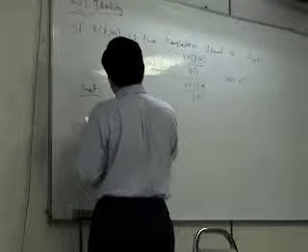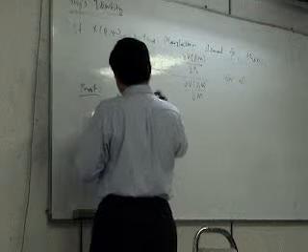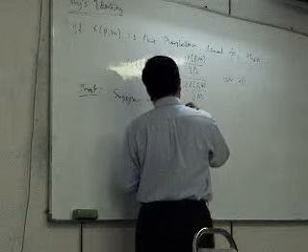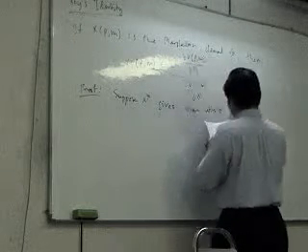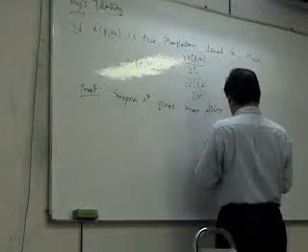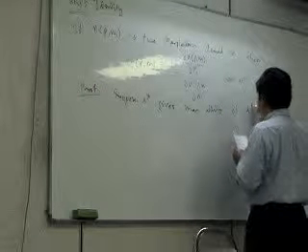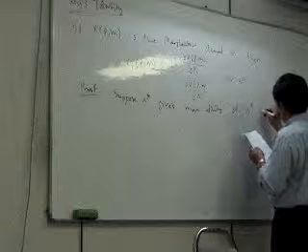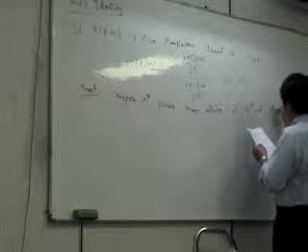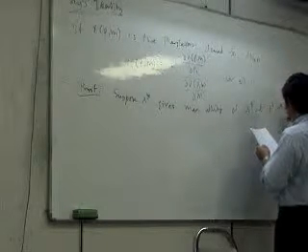Okay, suppose x star gives maximum utility of U star at P star and M star.